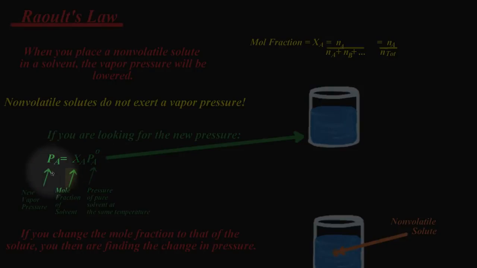So again, this would be the pressure we're looking for, what the new pressure has decreased to. This is the mole fraction of the solvent, so that would be solvent over total moles. And then this one is the partial pressure of the pure solvent without anything added to it at that temperature.